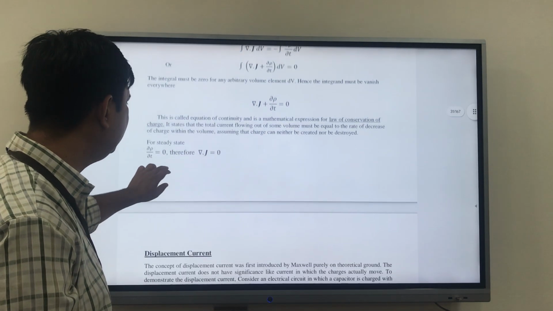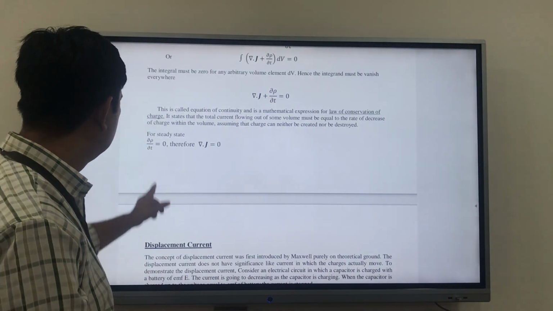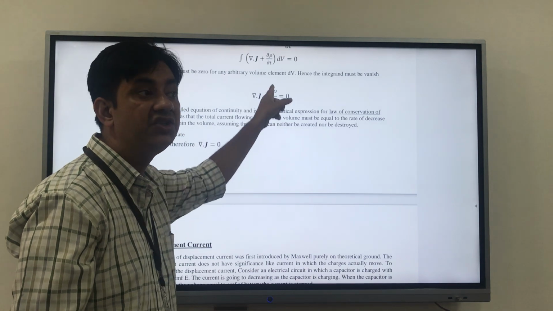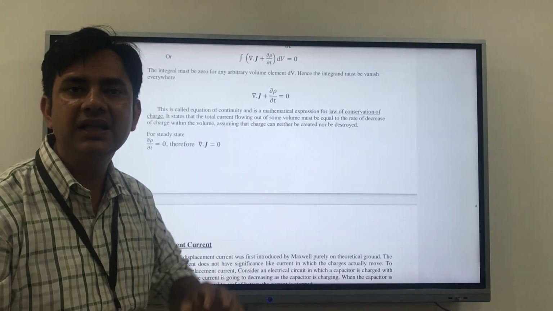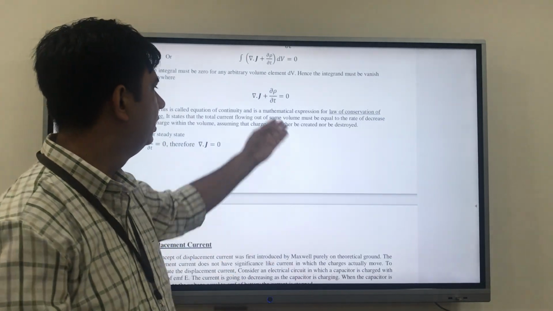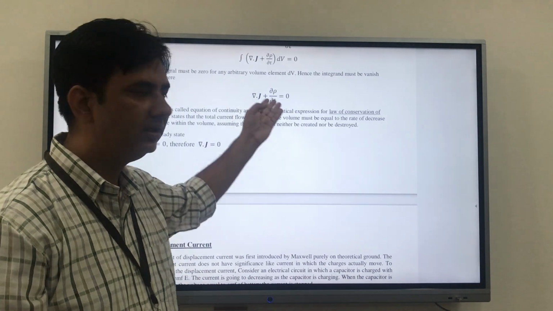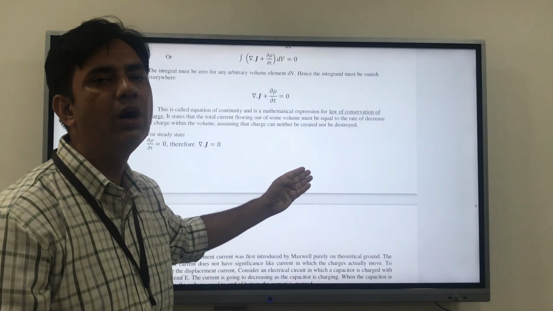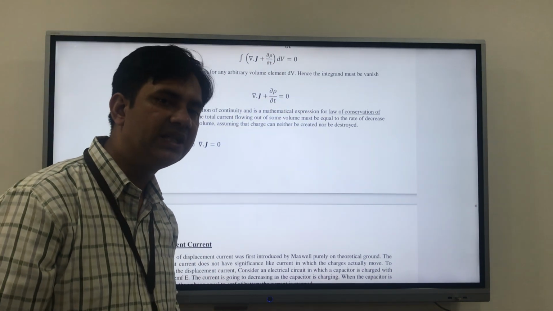So for a steady state, it means nothing is moving. We can take differentiation, change. There is a change. If we are talking about steady state, that means nothing is changing. But according to this equation, something is changing, and that is rho, because it is saying curly rho by curly t, or we can say there is a change in rho by change in time.